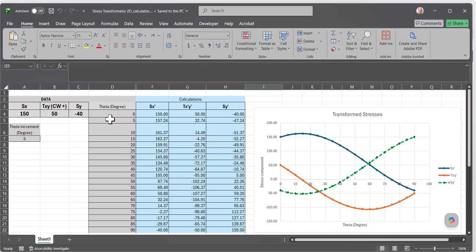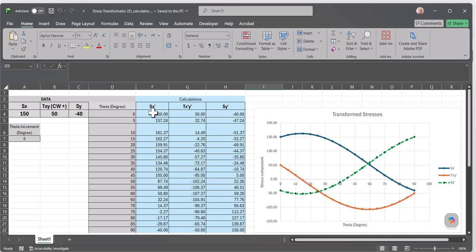Now, I listed some values for theta from 0 to 90 degrees and calculated the Sx prime, tau x prime. I mentioned y prime because it's the same; I didn't put a prime on the coordinates. Basically, it's the same as S prime x.